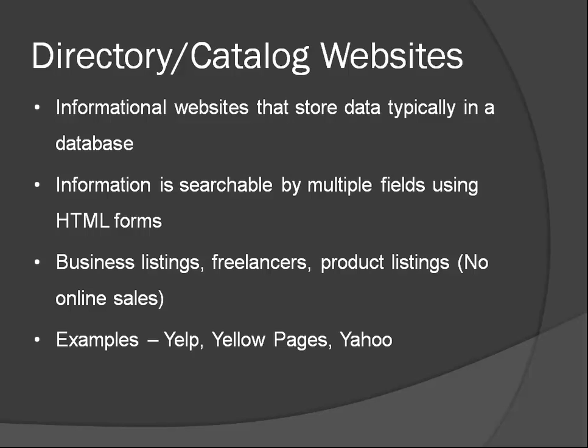The information is usually searchable by multiple fields using an HTML form. Business listings, freelancers, product listings are all examples of a directory or catalog website. Some examples are Yelp, Yellow Pages, and Yahoo. Yahoo is a search engine, but it also has different directories.